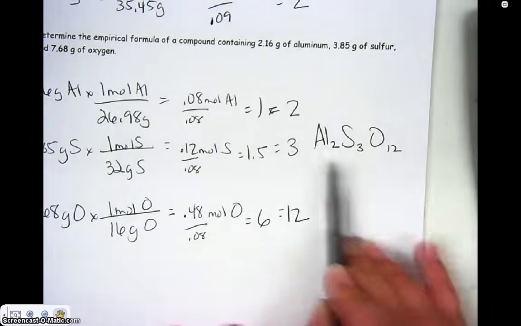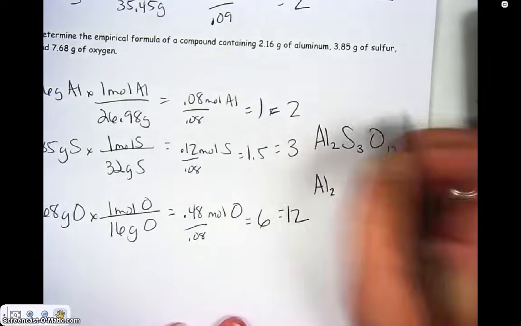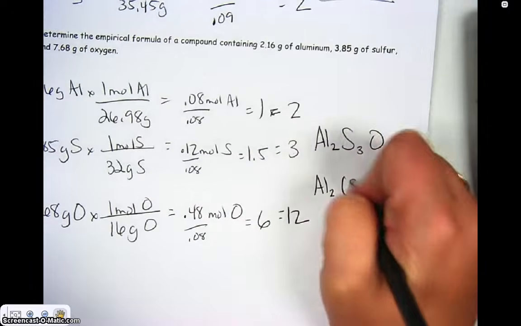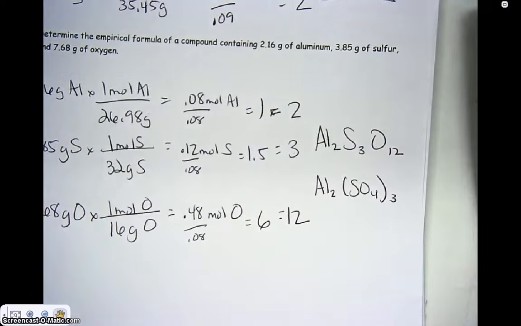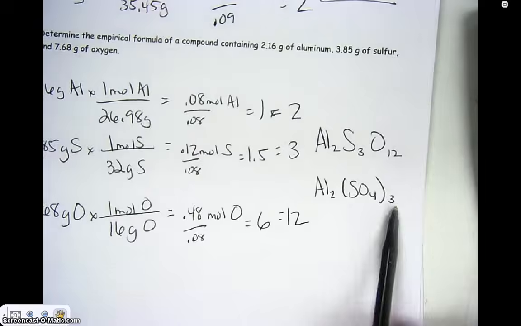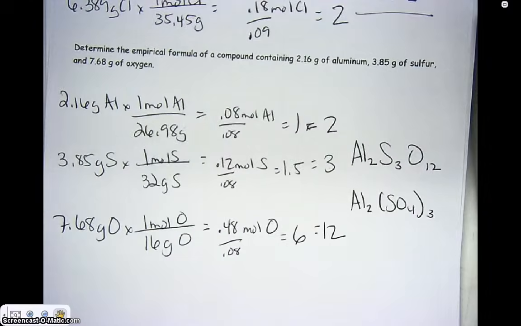So if I was going to write this how we learn to write our formulas, I'd do Al2, and then SO4 with a 3 on the outside. You can see how that has the same ratio of things. We've got 12 oxygens, 3 sulfurs, and 2 aluminum. So this one's a little bit more challenging.